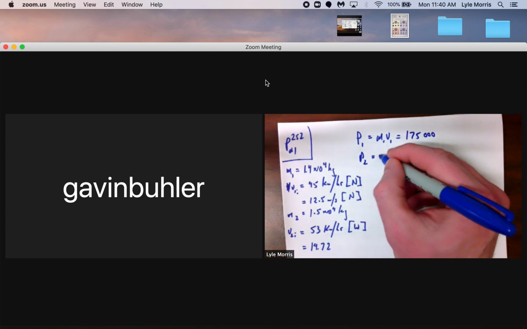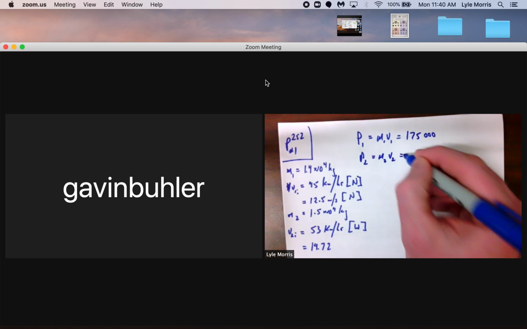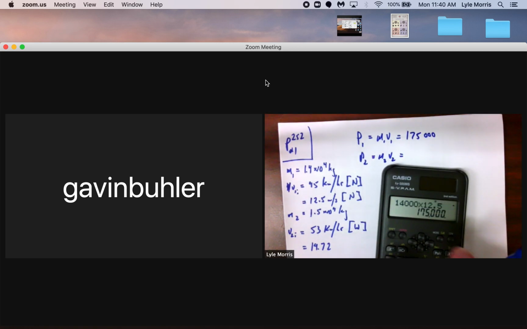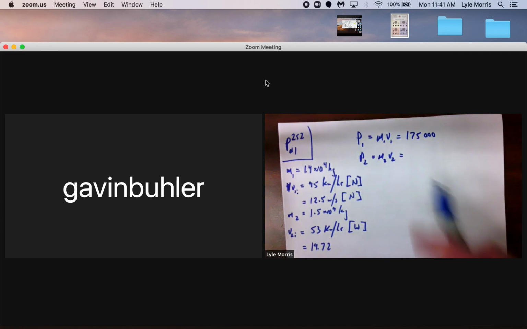Second momentum, M2 V2, is 15,000 times 14.72, 220,800.